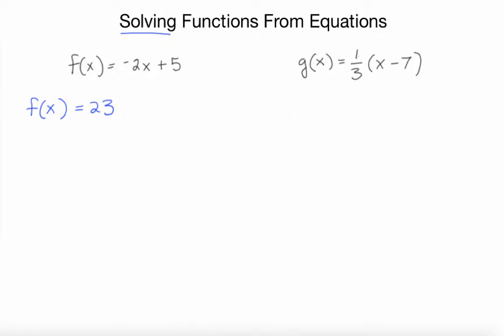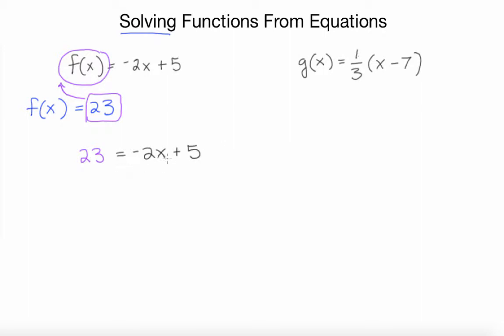Well, an easy way is to see, oh, I have f of x here, but I'm defining f of x is 23. So I can really just replace this whole equation as 23, putting that in place of f of x, equals negative 2 times some unknown number x plus 5.